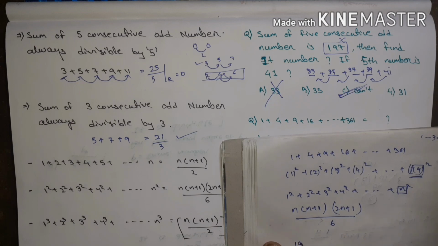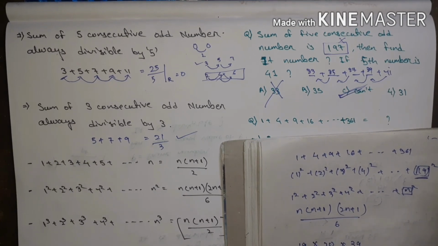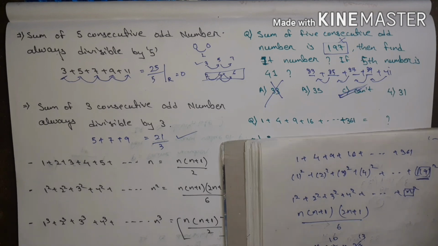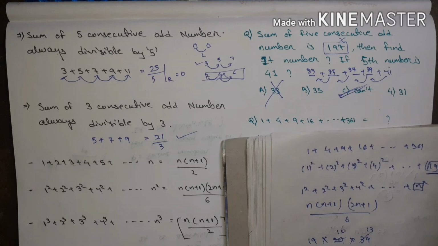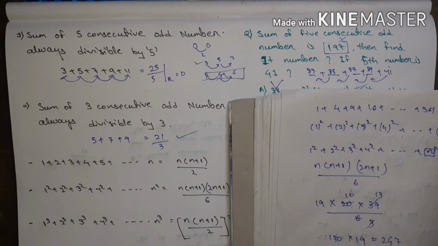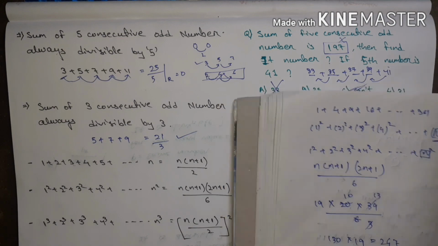Then 19 into 20 into 39 by 6. Then 130 into 19. Answer is 247. Okay, got it. Next, go for the next question.